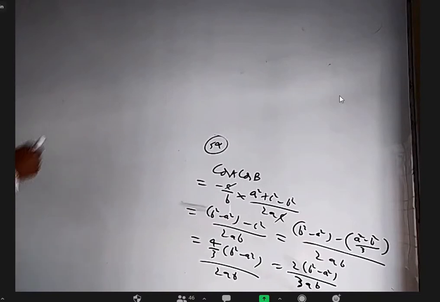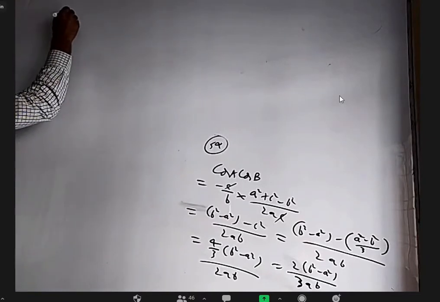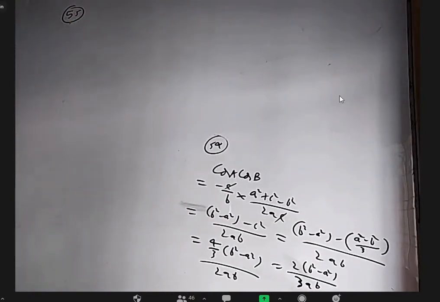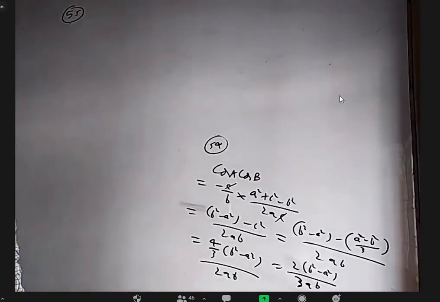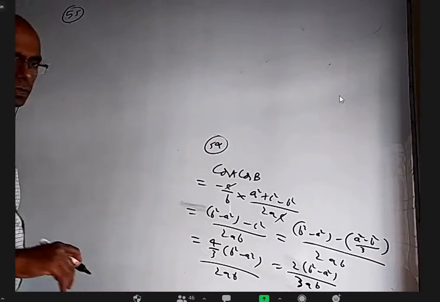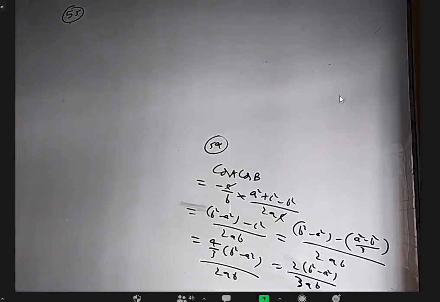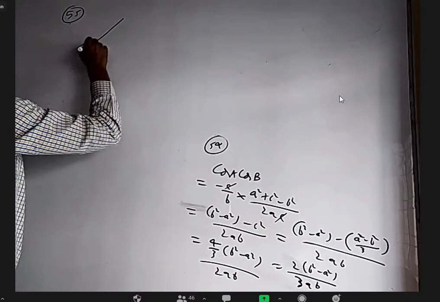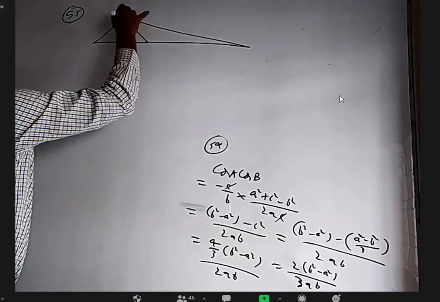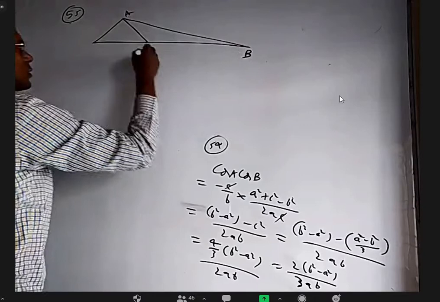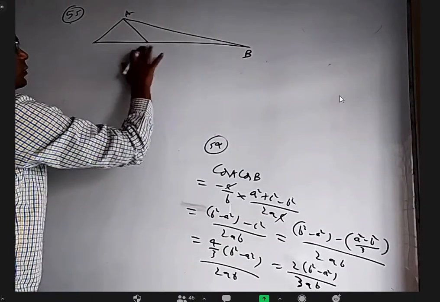What is 55 all about? AD makes an angle theta with AC, and AB is 2AD. This is A, this is A, and of course they should be equal.